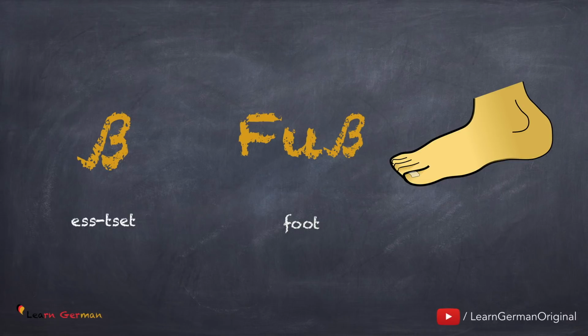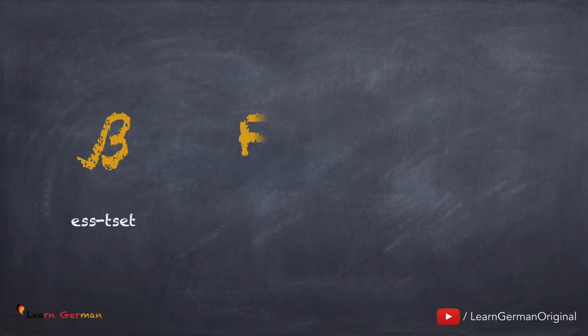Together now, these are the 30 letters of the German alphabet. Let's quickly revise the pronunciations once again.